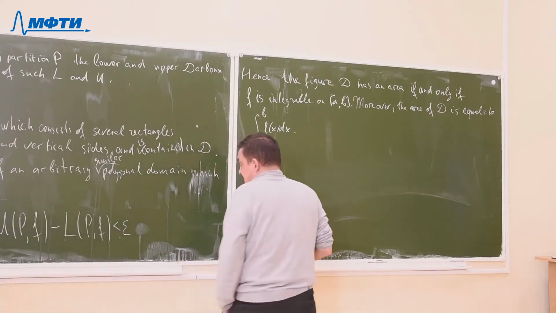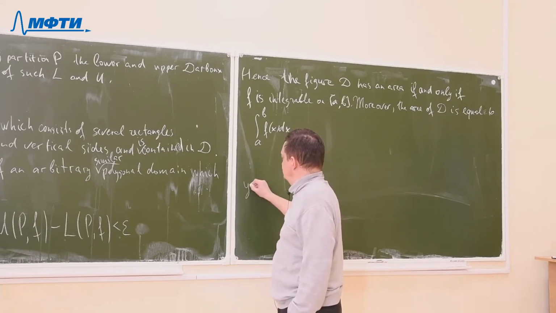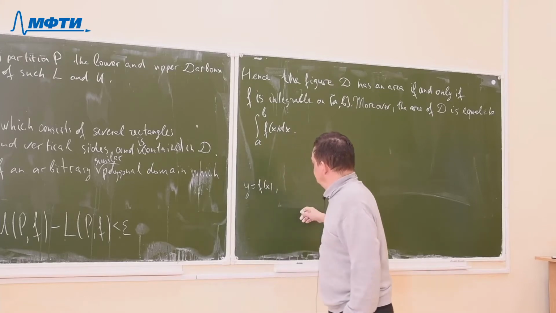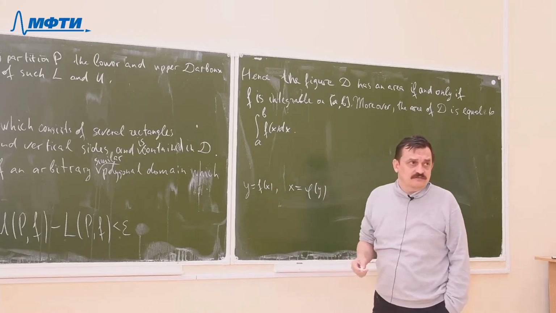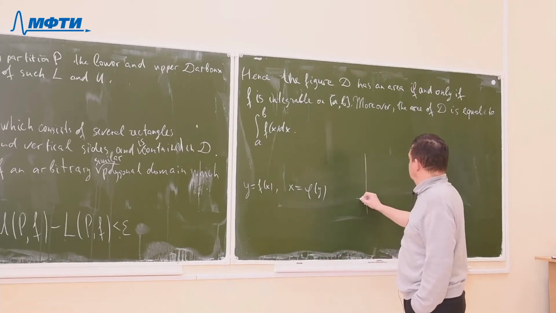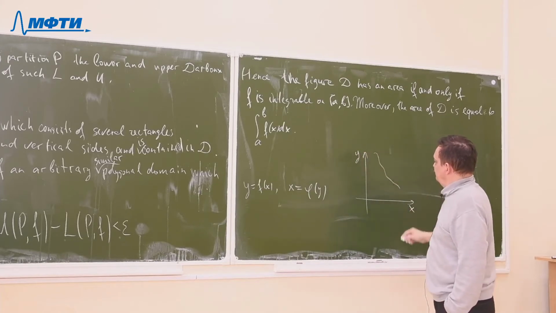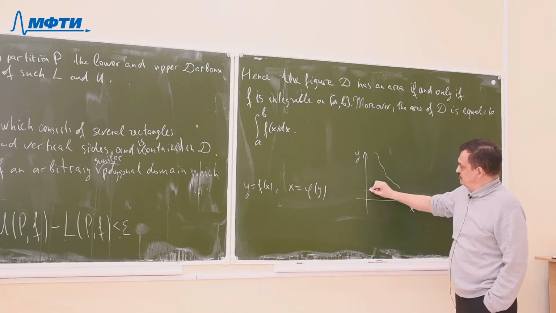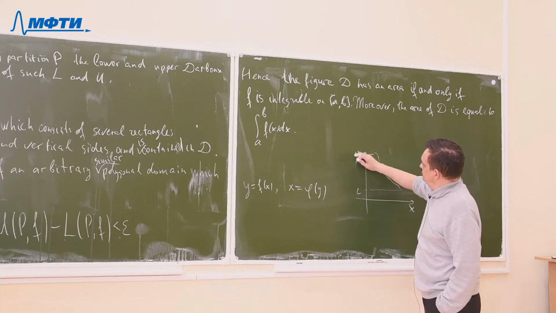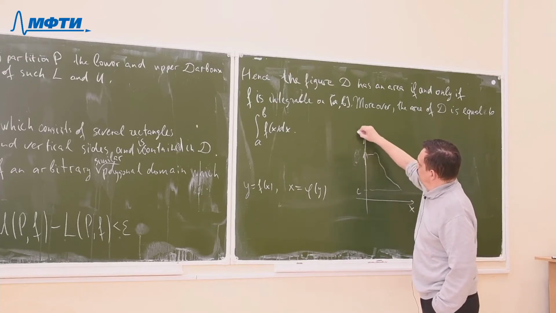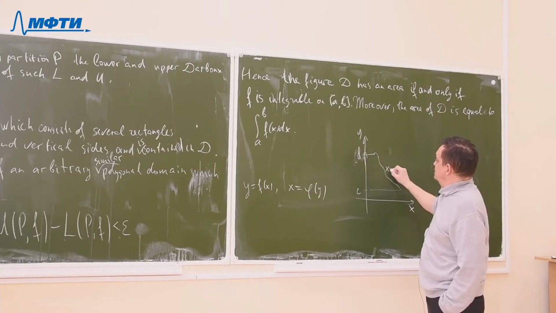Of course, one can consider, instead of y equals f of x, for example, x equals phi of y. Doesn't matter, right? So what should you do? You have x, y, you have a graph, and then you take, let's say, here C, over there D, and that is x equals phi of y.